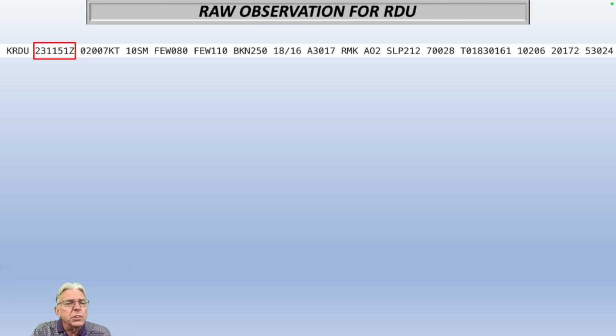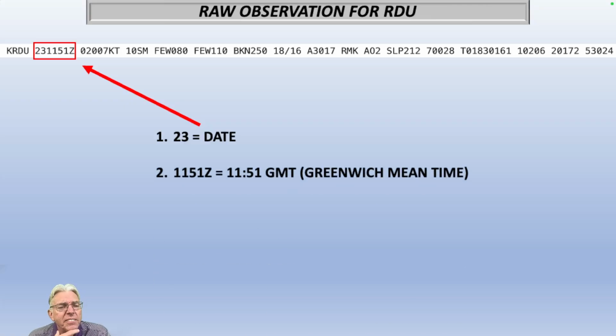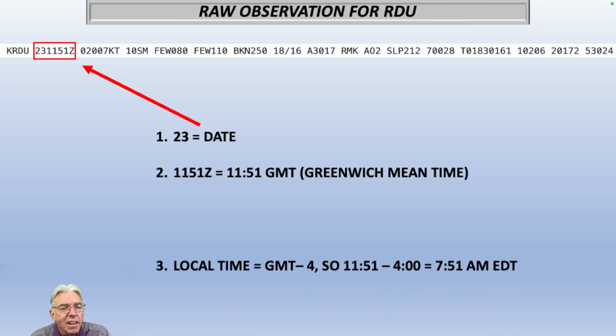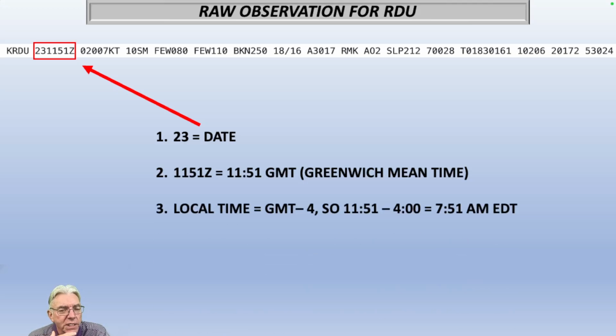So we have this first group of numbers, 231151Z. The 23rd is the date. The 1151Z stands for 11:51 Greenwich Mean Time. That is the standard time that is used for everything in meteorology. Local time is Greenwich Mean Time minus 4 hours this time of year.